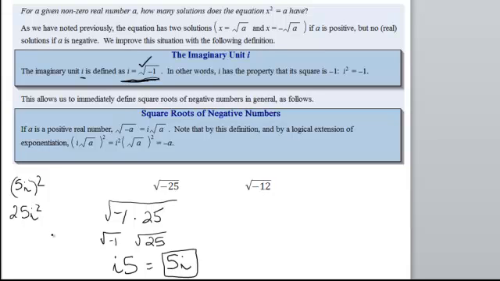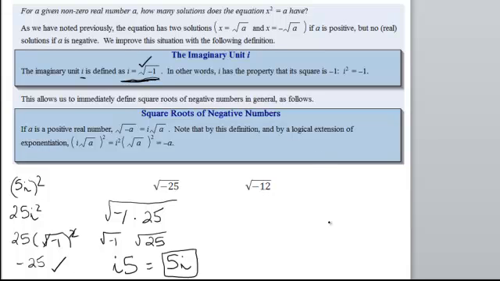Well, what's i? i is the square root of -1, right? So if we have 25 times the square root of -1 squared, well, the square and the square root cancel each other out. So you have 25 times -1, which is -25. So that does check out.